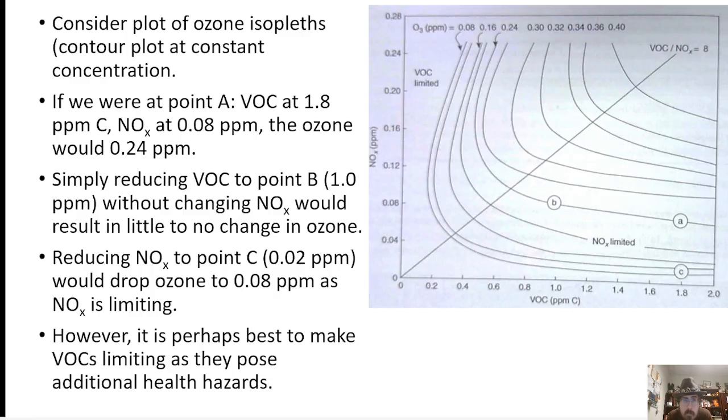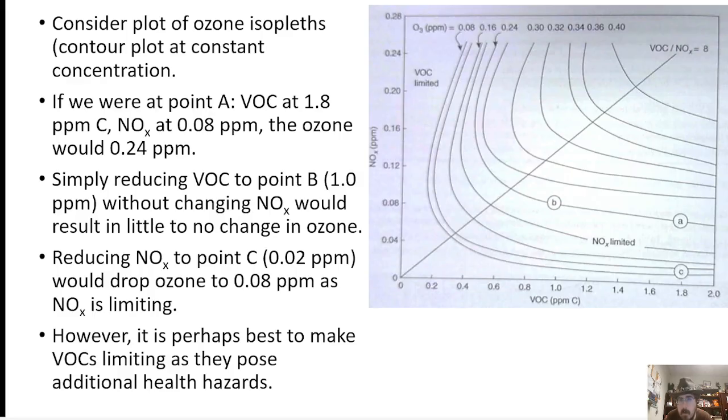So if we're at point A, the VOC of 1.8 ppm, and NOx of about 0.8 ppm, the ozone would produce about 0.24 ppm. If we were to reduce the VOCs to point B, to 1 ppm, without changing the NOx by much, you would have no change in the ozone.